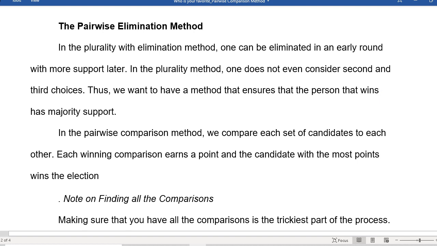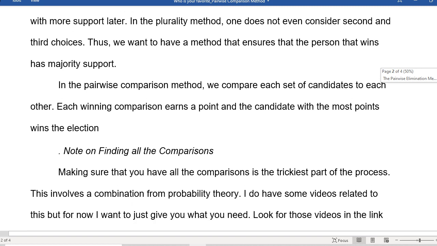The pairwise elimination method. What is it? Well, in the plurality with elimination method, one can be eliminated in an early round despite having more support later, right? Because of the rank ordering. In the plurality method, one does not even consider second and third choices. Thus, we want a method that ensures that the person who wins has majority support in a rank ordering way, right?